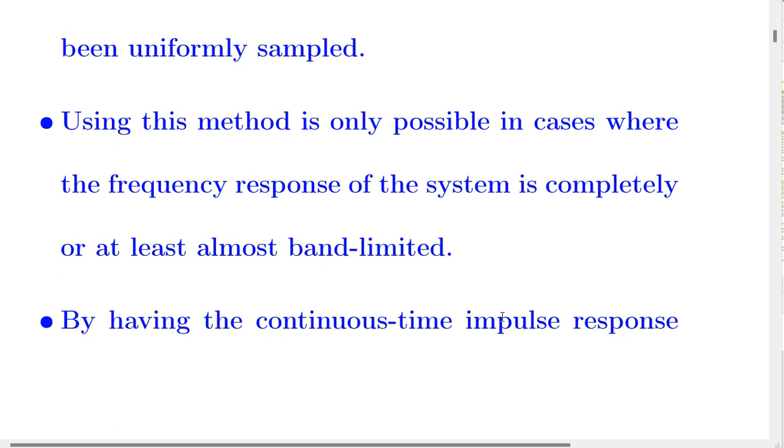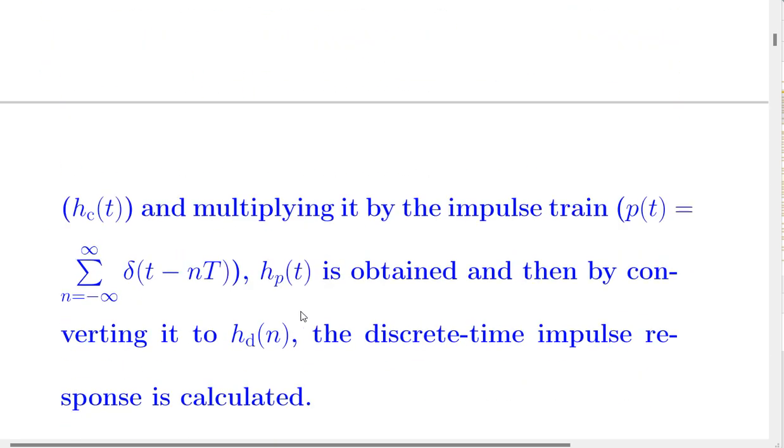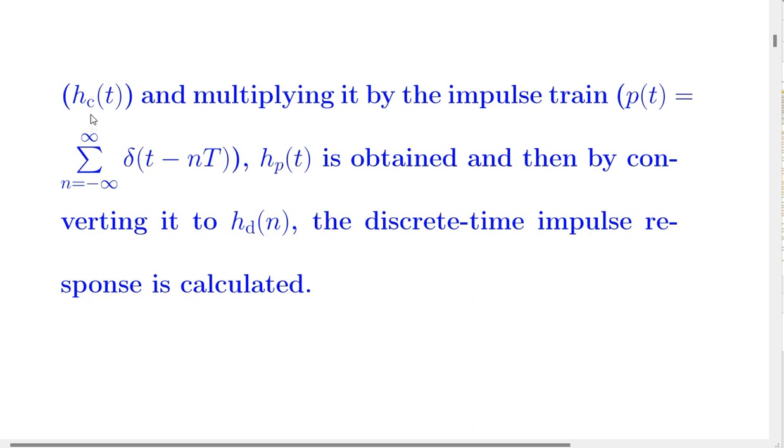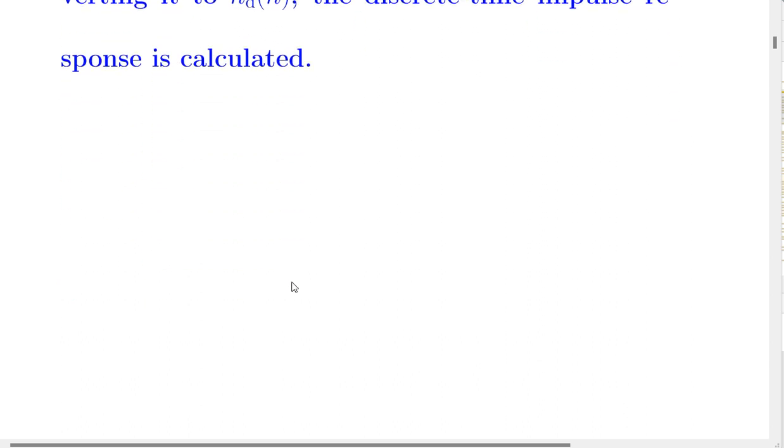By having the continuous time impulse response, h_c(t), and multiplying it by the impulse train, h_p(t) is obtained, and then by converting it to h_d[n], the discrete time impulse response is calculated.